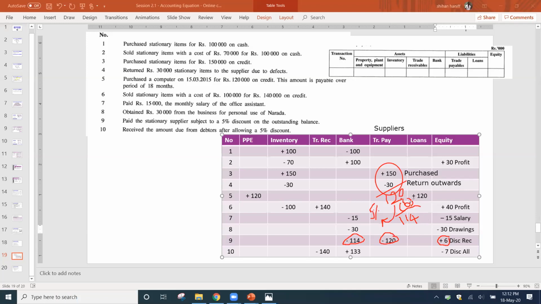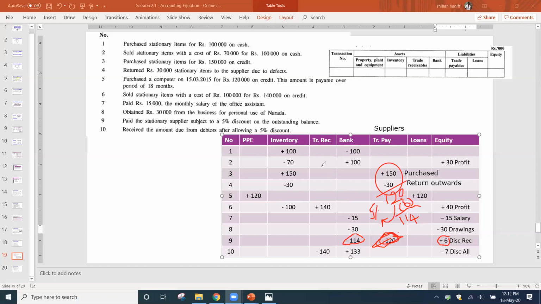From 120 we get a discount 6,000. So the creditor's full amount will be deducted because of full settlement, and this is a discount. So I hope that's clear. Any other doubts?